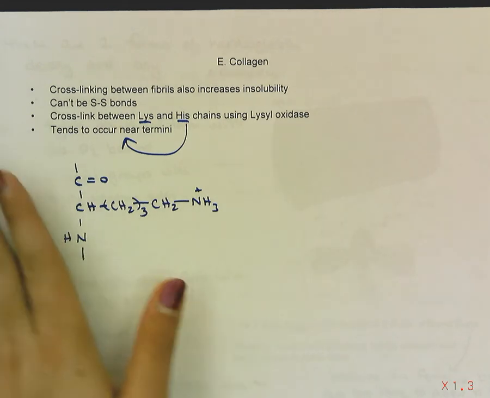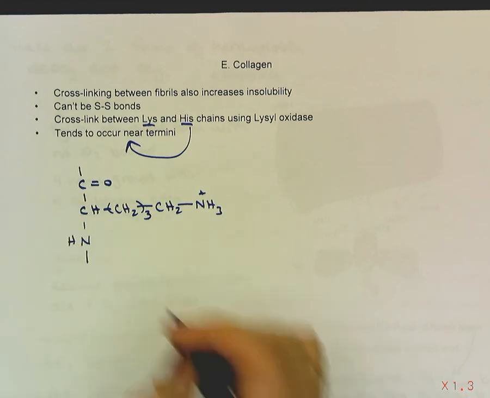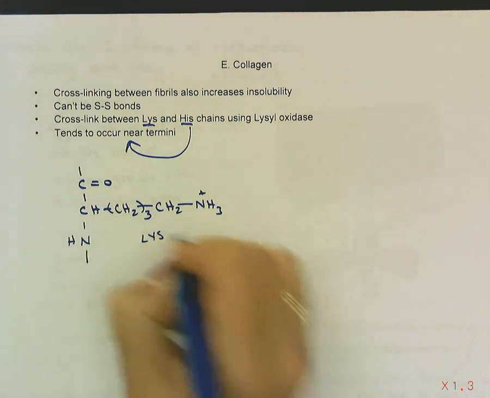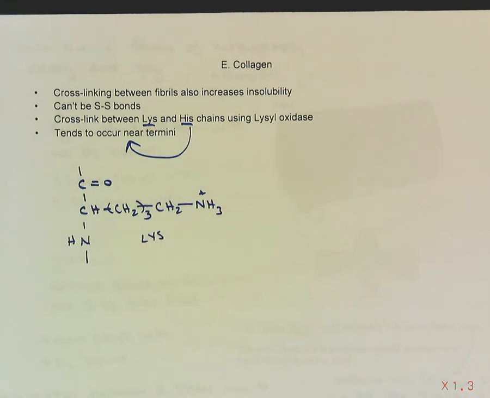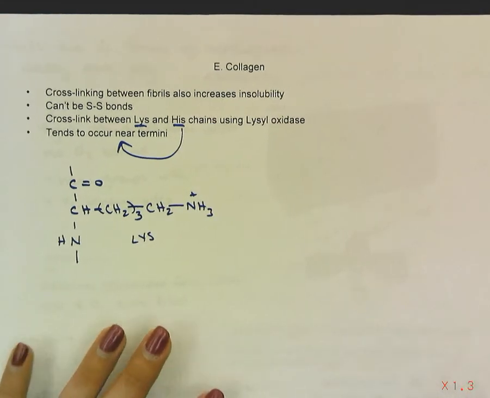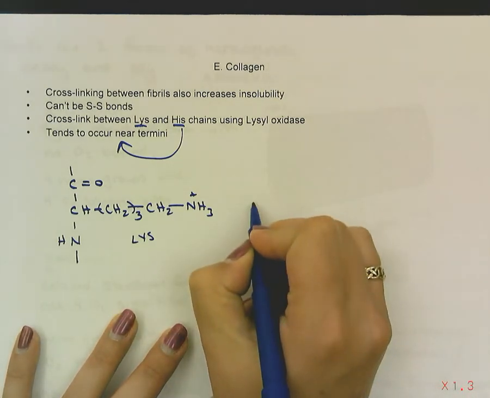Does anyone recognize that R group? Lysine, excellent. You had a 50-50 shot. I've either drawn lysine or histidine. No, that's definitely not histidine. So, excellent deductive reasoning. I'm going to draw two lysines interacting.